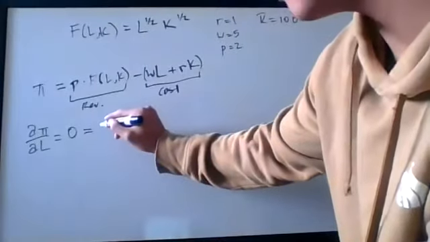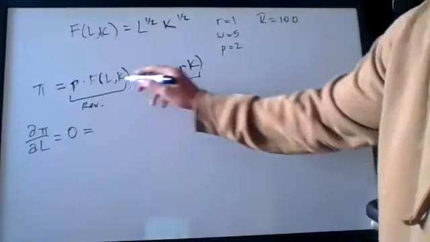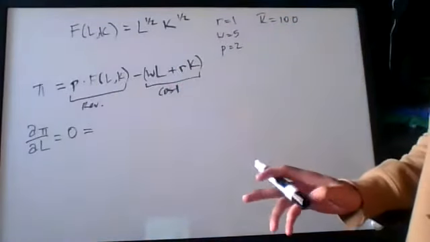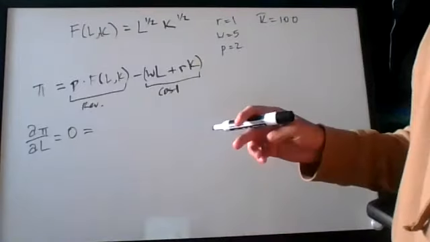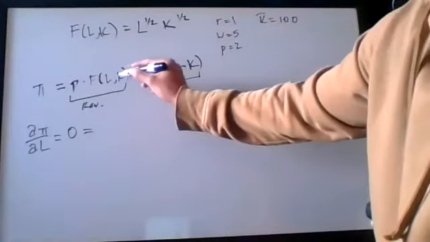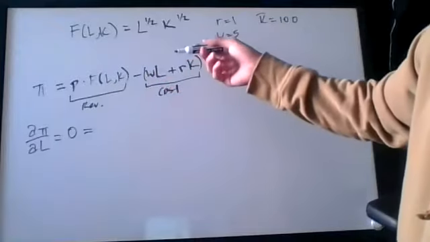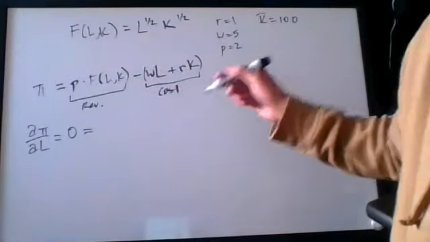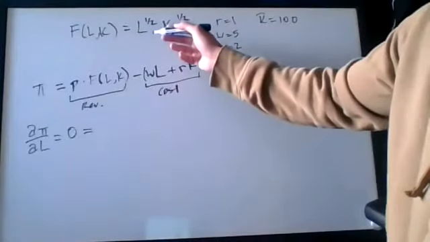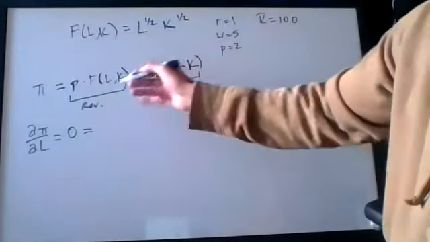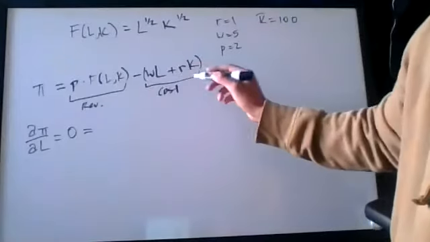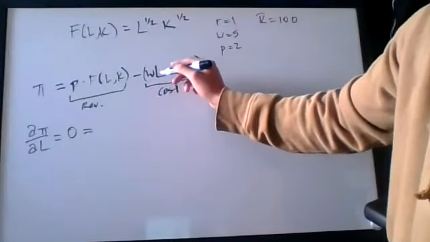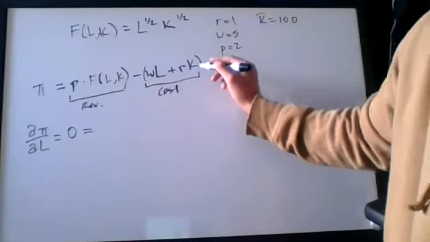You'll see that this affects various portions of this profit equation. F(L, K) is our production function, and this contains the variable L, which is why we need to take the derivative of it. This contains the variable L, but this does not, so we treat it as a constant.